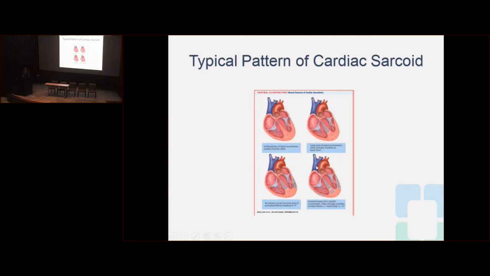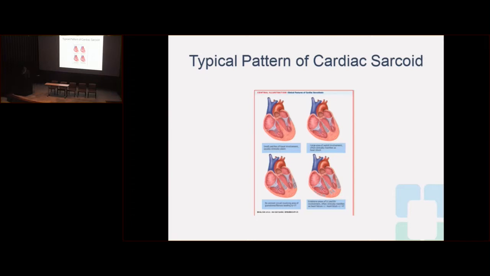But I'd like you to focus on the fact that almost all of these pictures showing cardiac sarcoid involve the septum, which is the wall between the bottom chambers, the right and the left ventricle. Cardiac sarcoid, for whatever reason, will often affect that septum, and it often affects the base of the heart, which is the area between the top and bottom chambers.